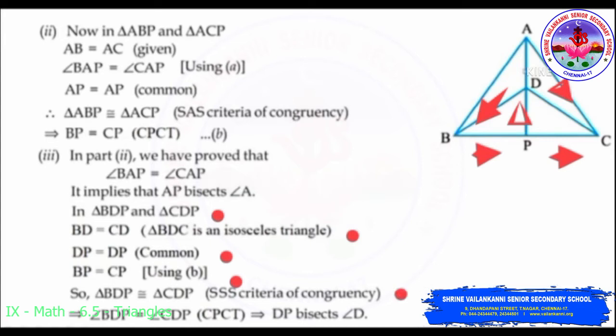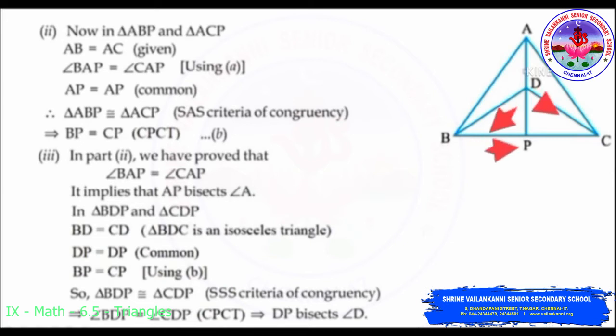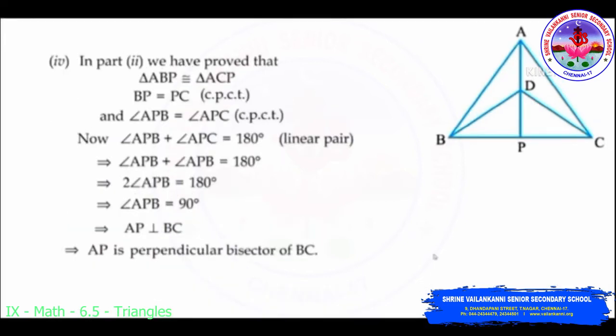So by SSS criteria of congruence, triangle BDP is congruent to triangle CDP, which implies angle BDP is equal to angle CDP by CPCT. So we have proved that AP bisects angle A as well as angle D.